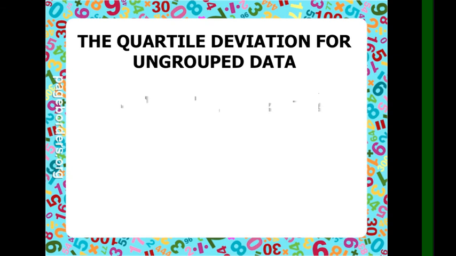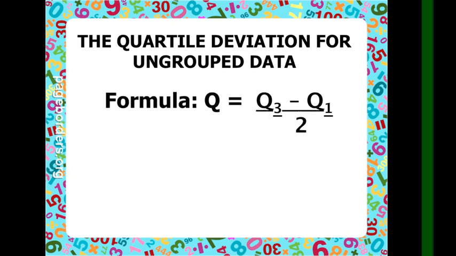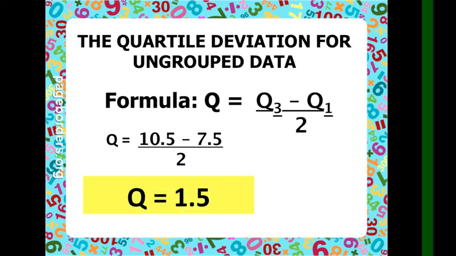Now we have the formula Q3 minus Q1 over 2. We have 10.5 minus 7.5 over 2, and Q is equal to 1.5. Because 10.5 minus 7.5 is equal to 3. Divide by 2, the answer is 1.5.